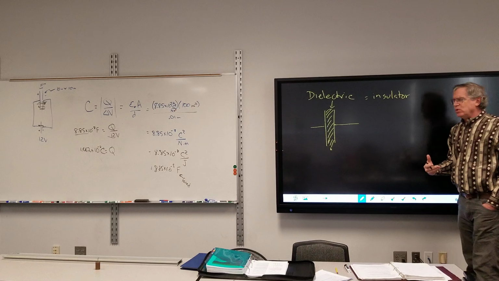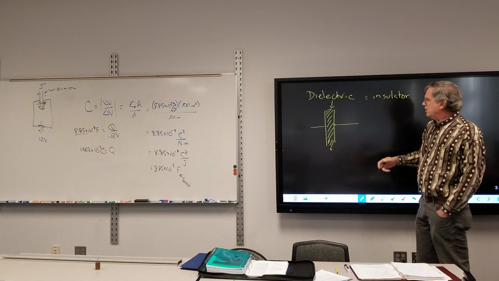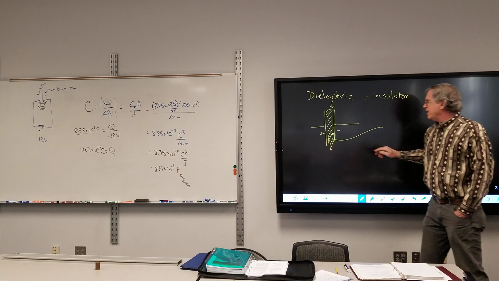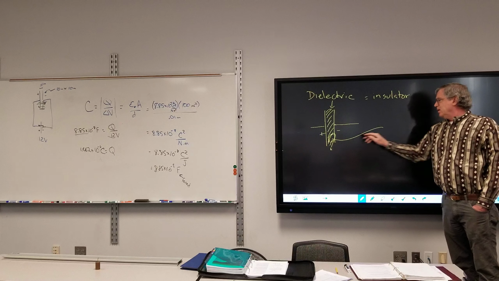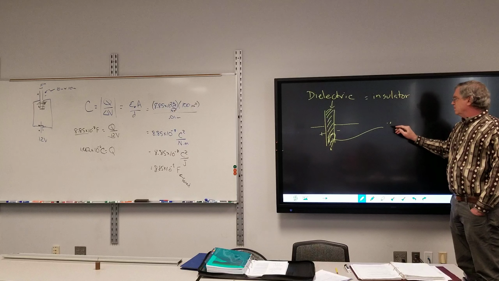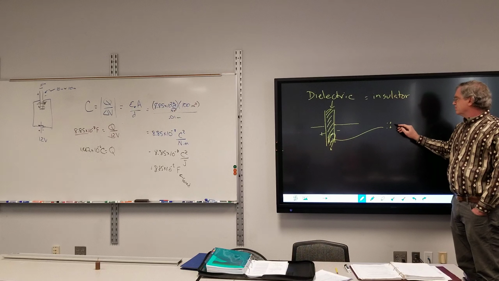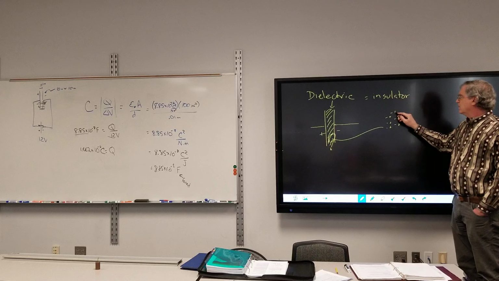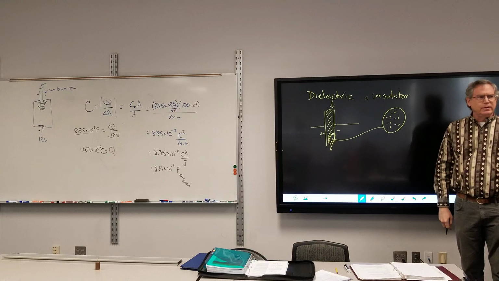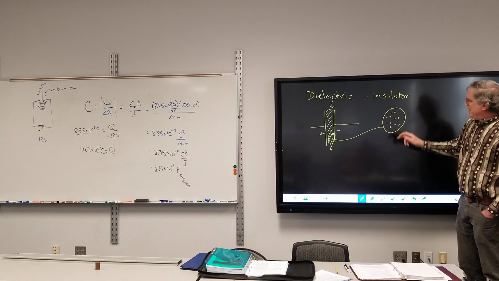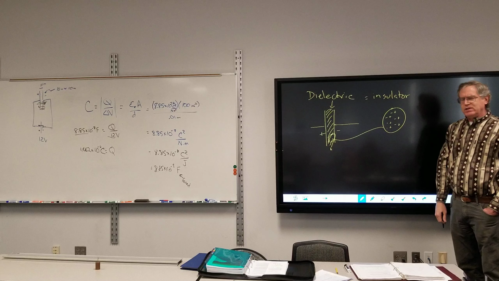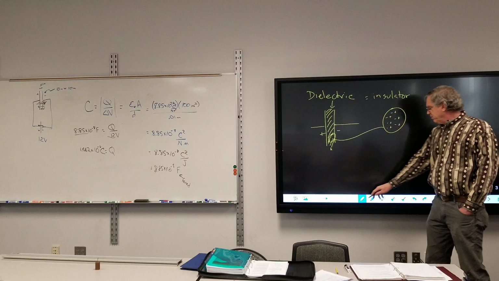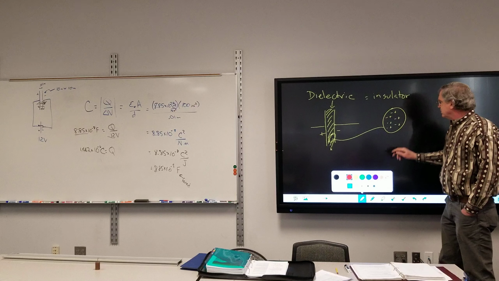What I am going to do is start polarizing. So if we zoom in on this, if this is my positive and negative plate, I'm going to get these little polarizations throughout the dielectric. And each of these polarizations has its own electric field. So I'm going to end up with a bunch of little mini electric fields.